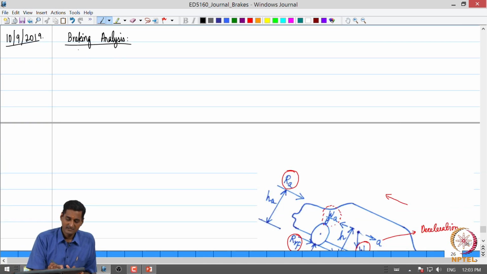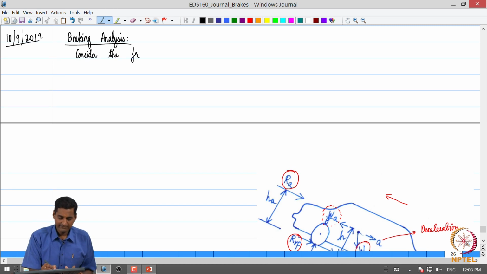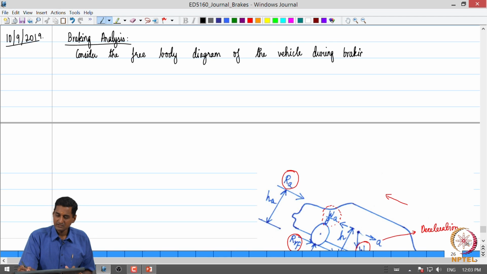So let us consider the free body diagram of the vehicle during braking. As we just discussed, FBF and FBR indicate the braking force at the front and rear wheels respectively.